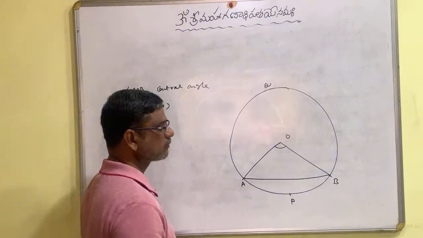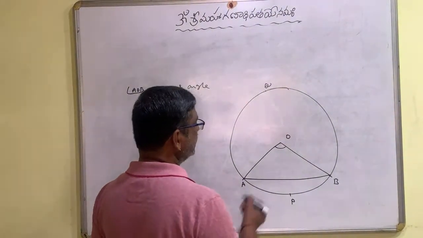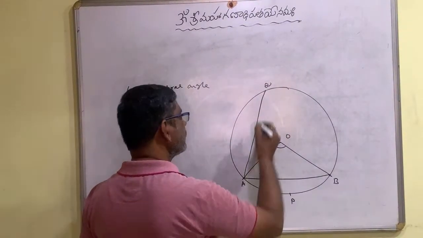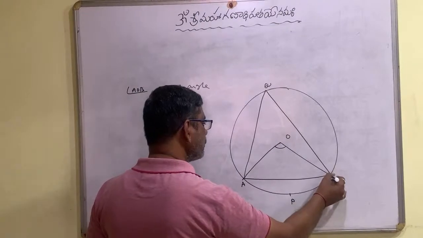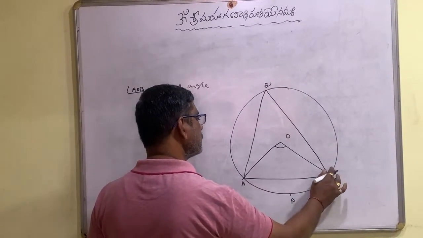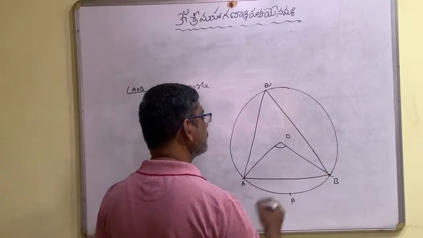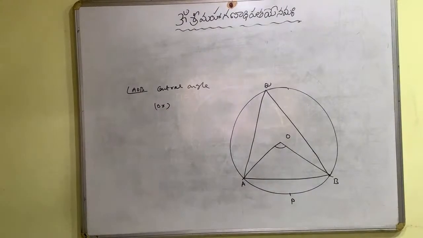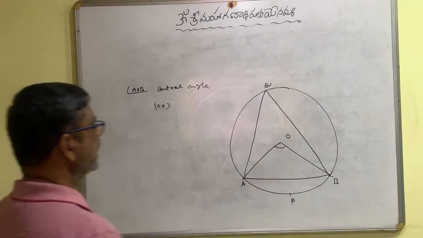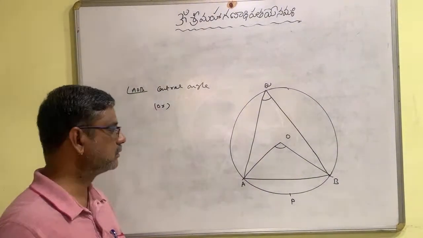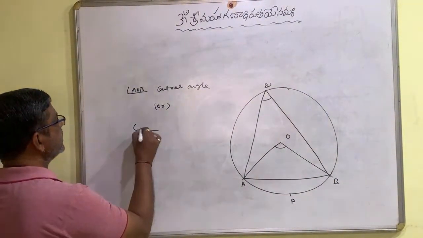Now, if I join QA and QB, I can observe one more angle over here, that is angle AQB.